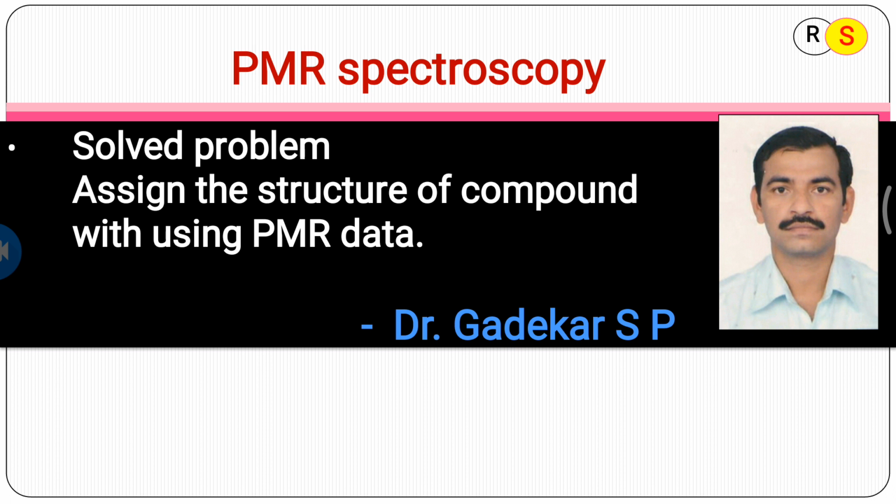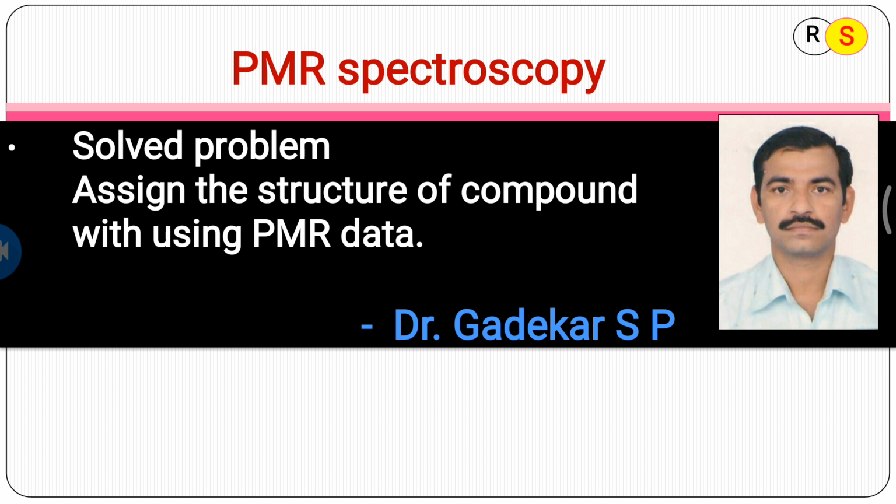In the last lecture we discussed different types of coupling: vicinal coupling, geminal coupling, long range coupling, as well as the rules of spin-spin coupling, the coupling constant, and applications of PMR spectroscopy in organic chemistry, as well as solved examples. Today we discuss solved problems using PMR data.